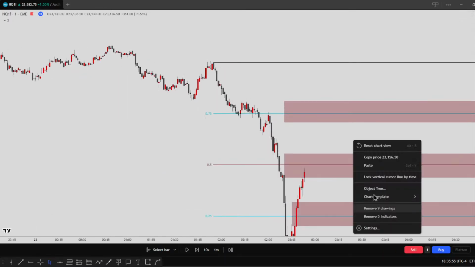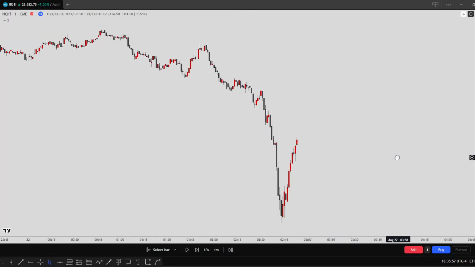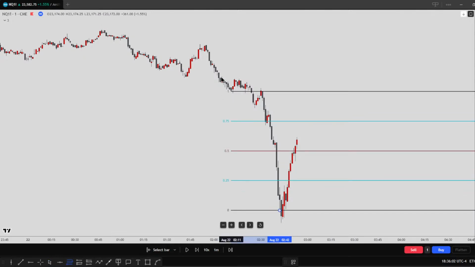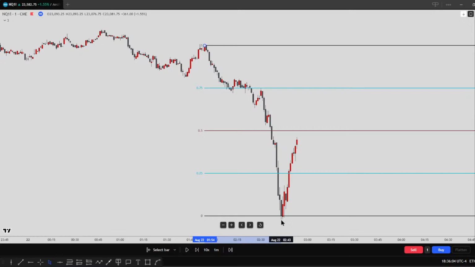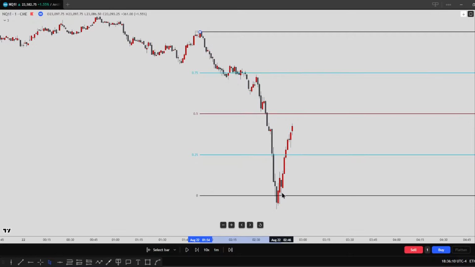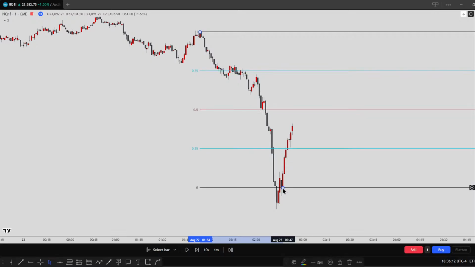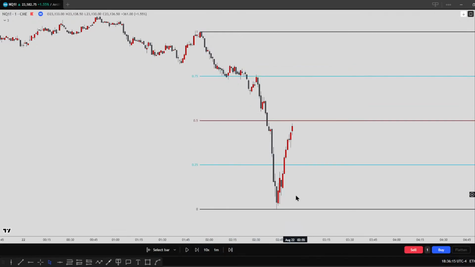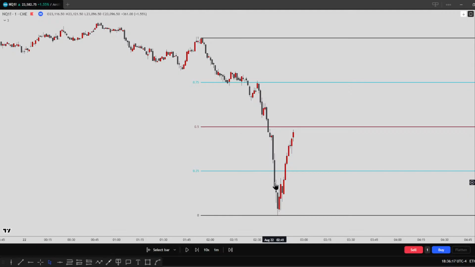Oh, I'm going to get rid of these drawings. Where is the implied range? You can say it's from this low to that high, because this is the origin point of the move. Or you could say it's from this low or this low, because the impulse swing. Any of that's fine. It just depends on your preference.